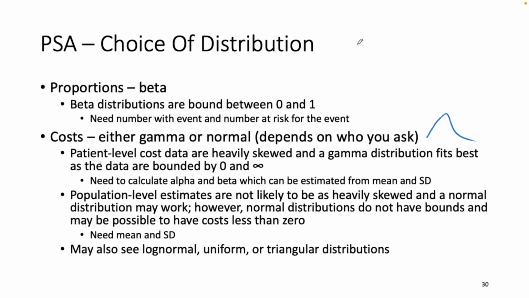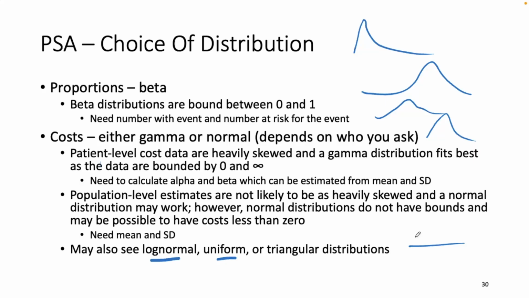We can have distributions that are really skewed in one way or the other. We can have distributions that look like bell curves. There are a lot of different ways to do these. You can also use log normal. Uniform just says the distribution is the same everywhere, so the low end is no less common than the high end.